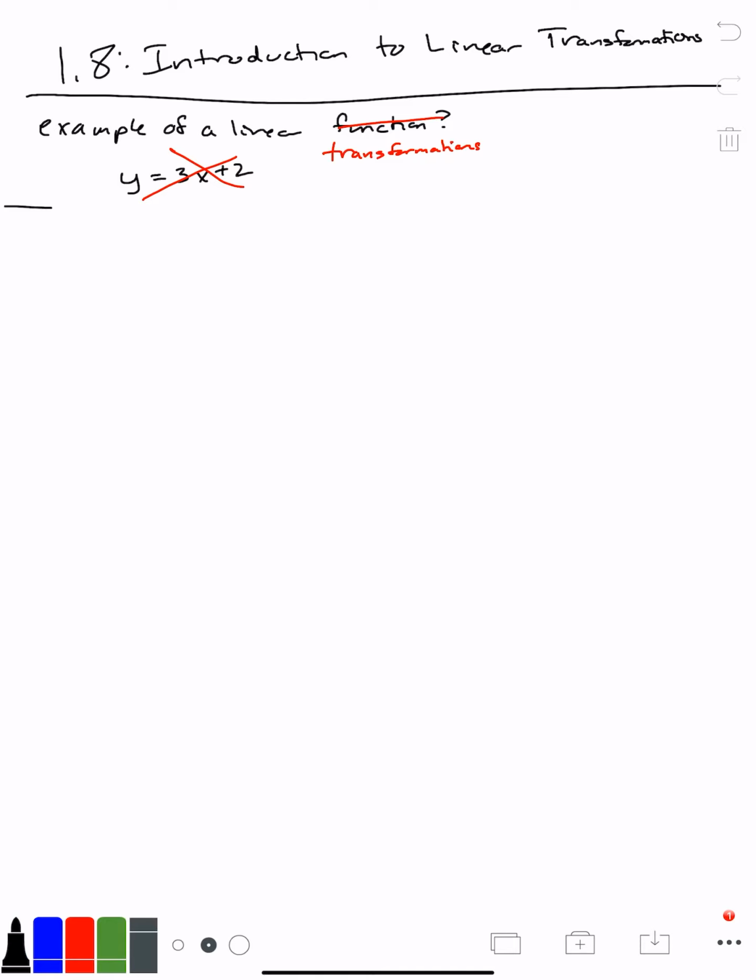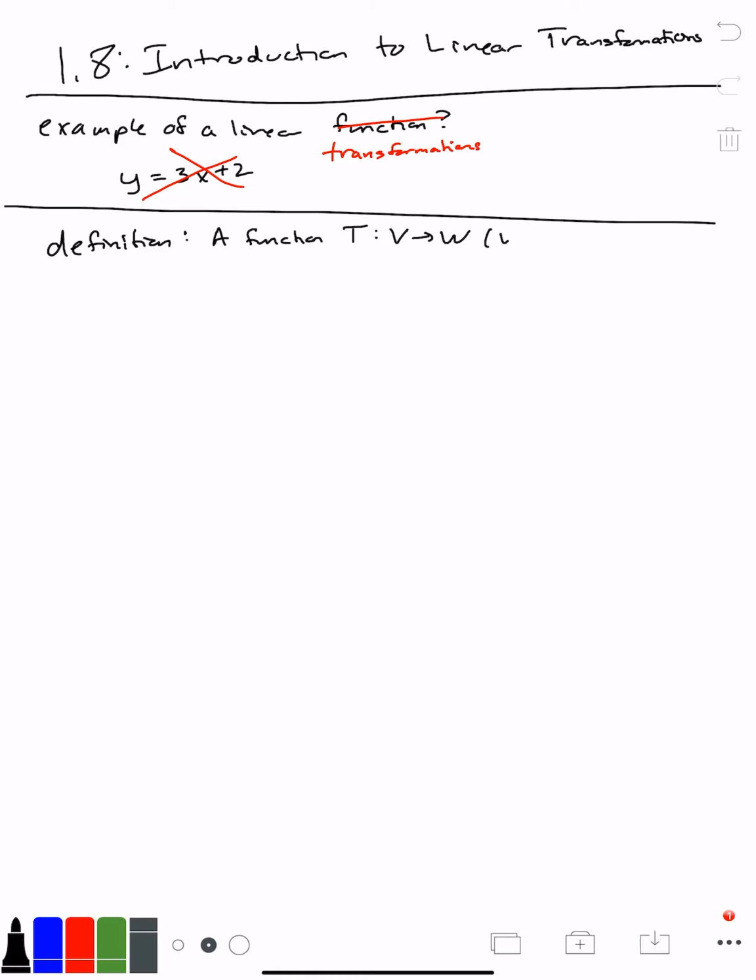Now, the official definition of what a linear transformation is is as follows. A function, and we're going to call this, say, T, from some set V to some set W, where V and W are vector spaces.